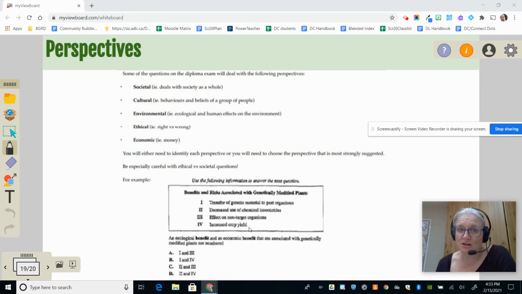This could also lead to a bit of societal as well, because you're able to feed more people. So you can have quite a good conversation about all of these. The answer to this question is actually 2 and 4. So decreased use of chemical insecticides is the environmental or ecological impact, and then the increased crop yield is the economic.